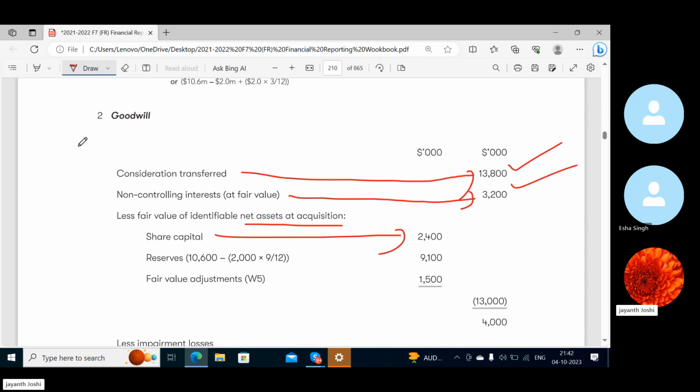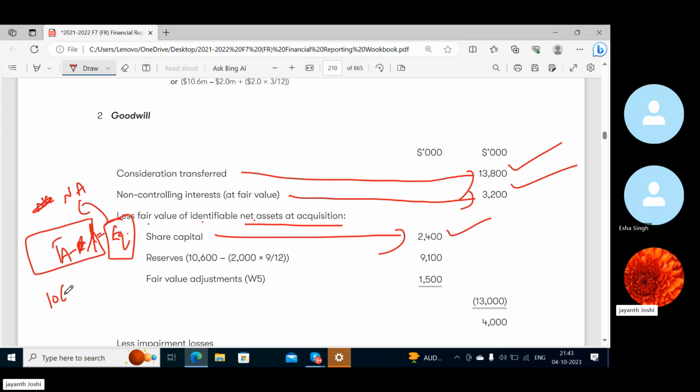We always know that total assets minus liabilities is equal to equity, so we say this as net assets. Net assets or equity is one and the same. On the date of acquisition, the fair value of identifiable net assets is what matters. So instead of taking total assets minus liabilities, we will directly take the equity of the subsidiary company.